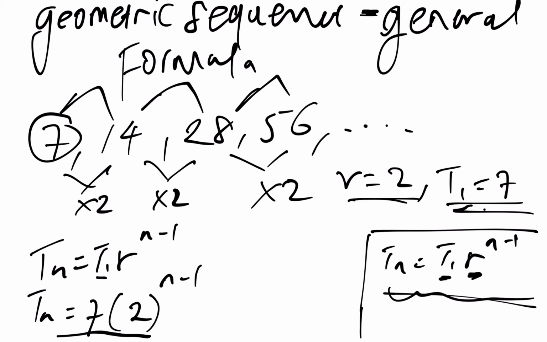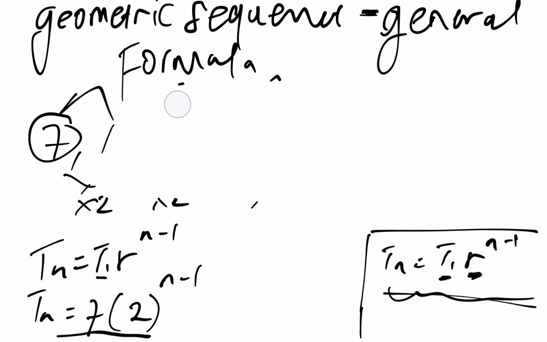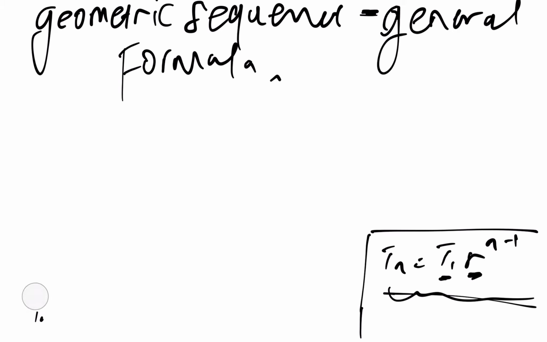Let's move on to another quick example. We're using the same concept, there's nothing new. I already know that these are geometric sequences, so we are not focusing on determining whether the sequence is geometric or not.